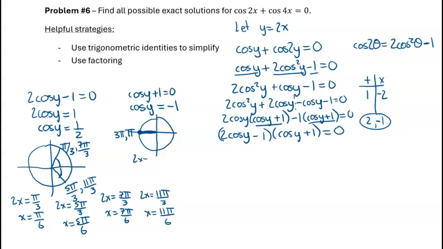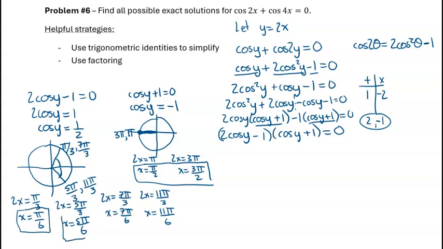So 2x is equal to pi, that gives me x is equal to pi over 2. And 2x is equal to 3 pi, which gives me x is equal to 3 pi over 2. And so those are all the solutions that I have between 0 and 2 pi. Those two, and then the other 4 that I mentioned before.